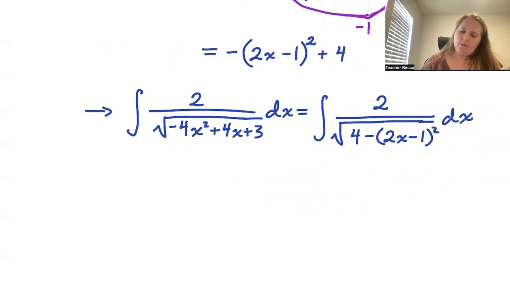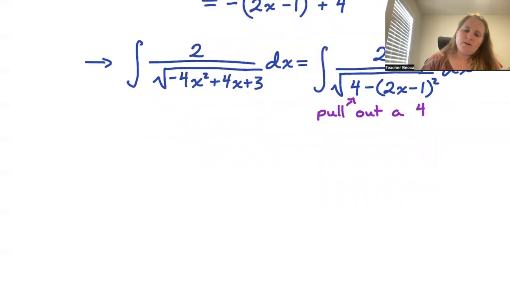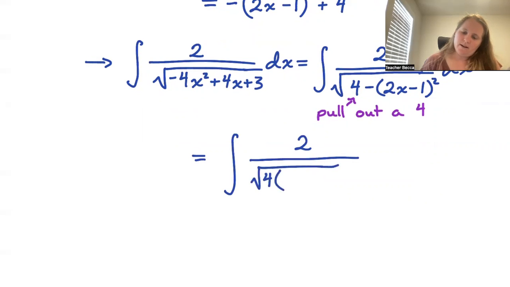So if we pull out the 4, then this becomes the integral of 2 over the square root of 4 times 1 minus 2x minus 1 squared divided by 4, dx.